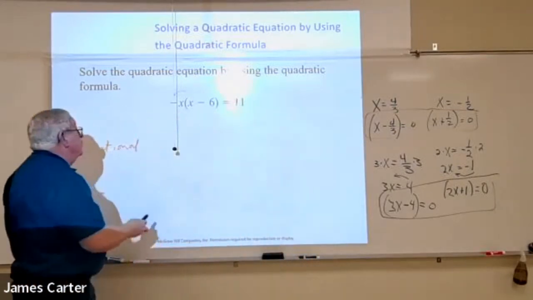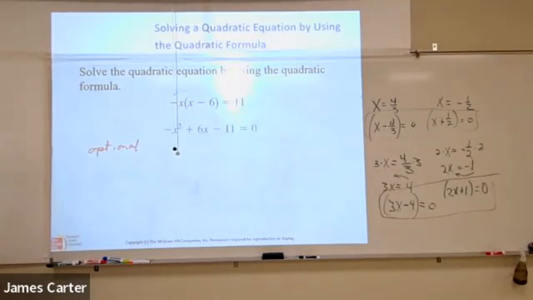So, what we got to do on this thing is we got to put it in standard form. Now, this could actually be factored, I think. Maybe not. Let's see, what are the factors of 11? 1 and 11. Is there any way you can get a 6 out of that?